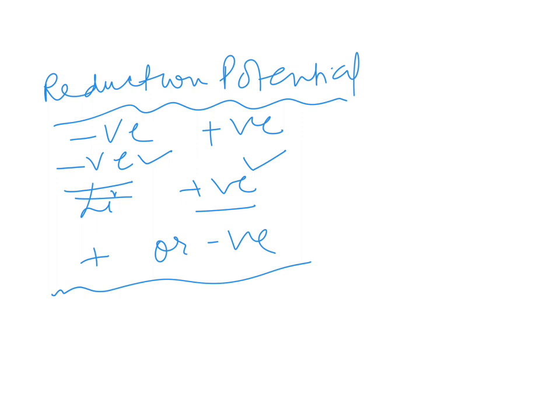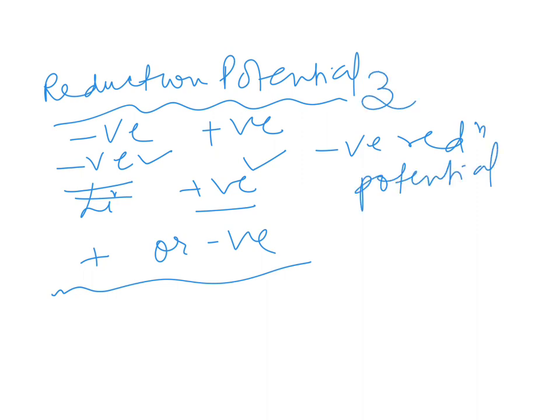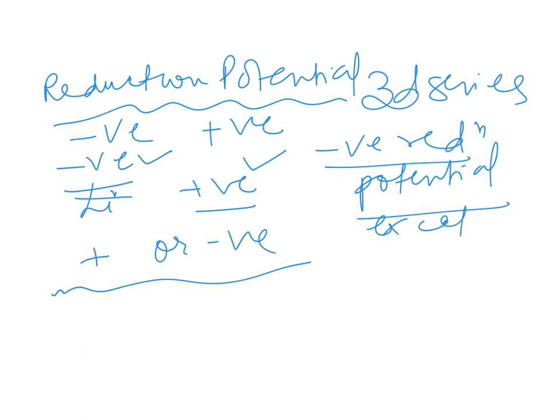So all the 3d series metals have negative reduction potential except copper in this series. All the elements, Sc, Ti, V, Cr, Mn, Fe, Co, Ni and Zn, have negative reduction potential except what? Copper.